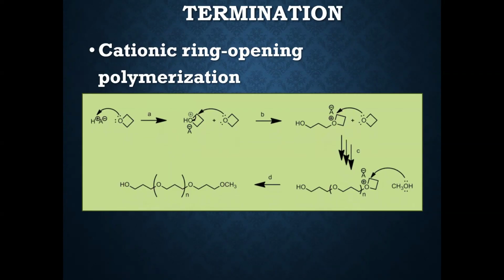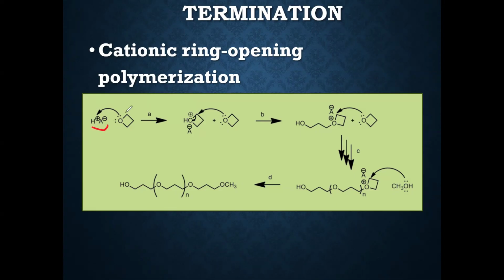Another way is the cationic ring opening to terminate the reaction. So termination by cationic ring opening, this is a complete mechanism of polymerization of a cyclic compound using a protonic acid.